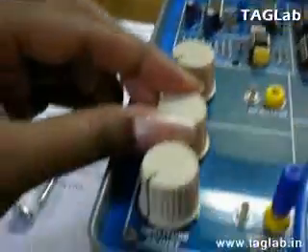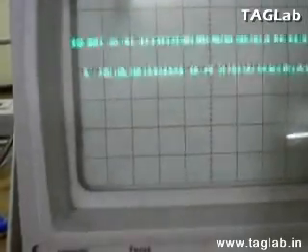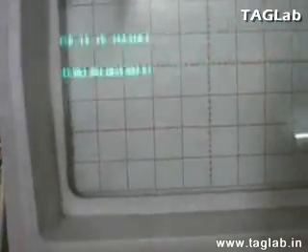When there are changes in the frequency knob, you could see the signal is changing in pulses. And when we change the amplitude adjustment knob of the input signal, still there is no change in the amplitude of the signal.